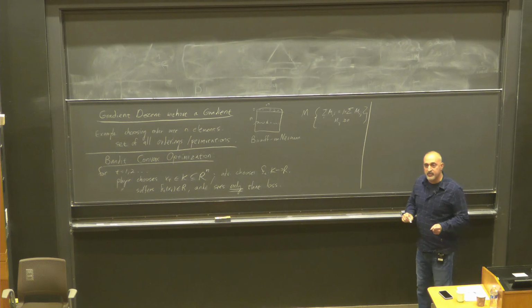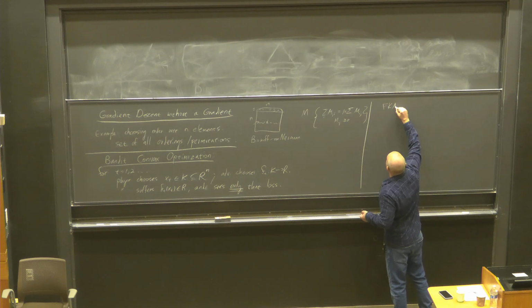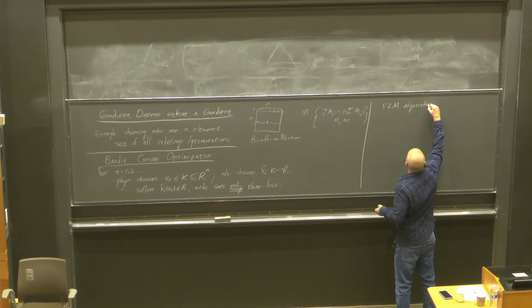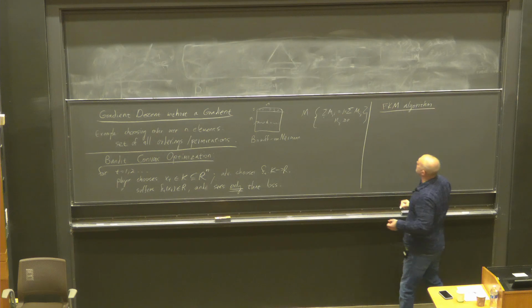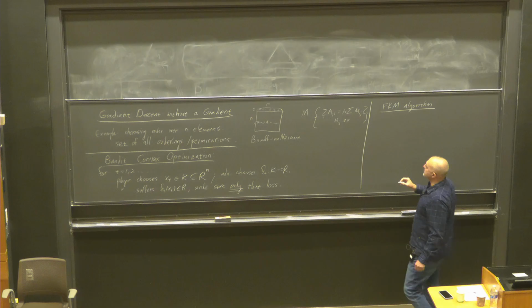Let me give you the algorithm first, then say it's guaranteed, and then tell you the intuition of why it works or why I designed it that way. So this is called the FKM algorithm, for the names of the authors, Flaxman, Kalai, McMahan.